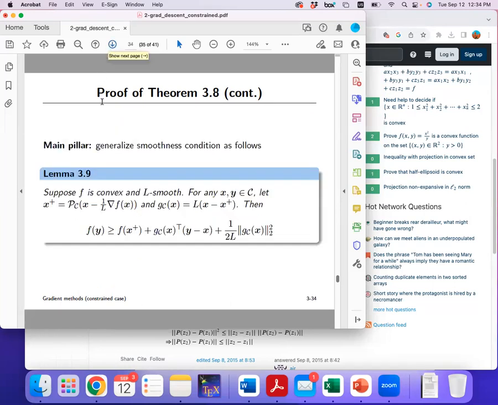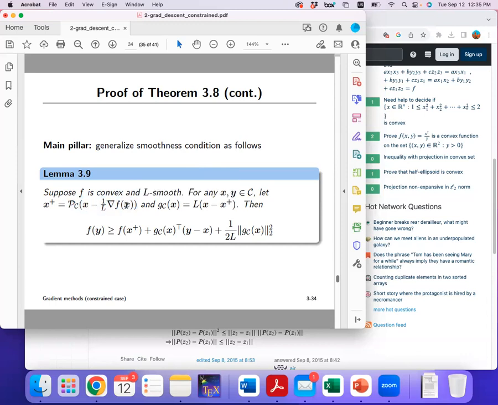But a fundamental key result that we want to prove is the following. This result shows that for any x and y in the constraint set, and define x plus as the one-step projected gradient descent applied to x.